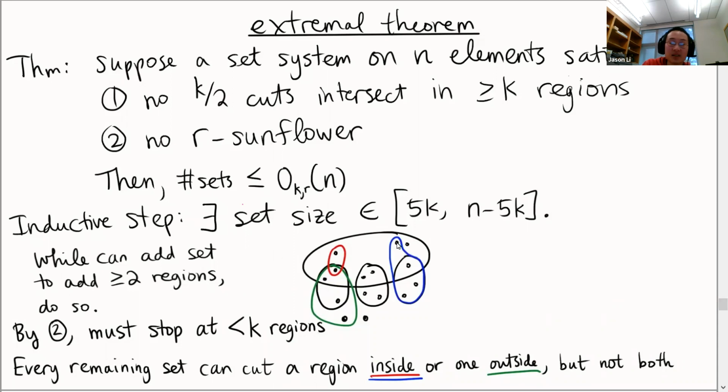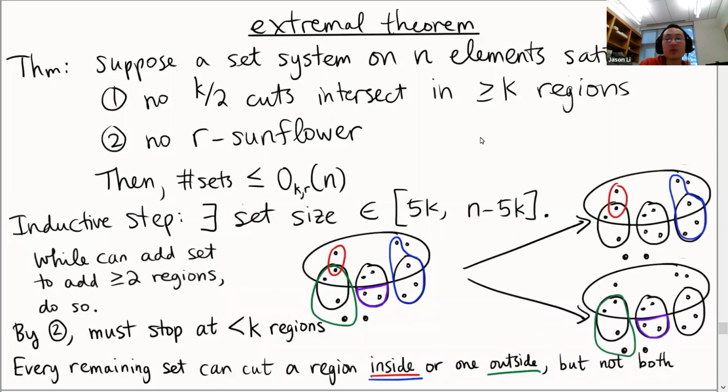So this one cuts, again, this thing. And this does not cut anything outside, because it agrees perfectly with this atom here on the outside. So this one only cuts inside. And finally, this one doesn't cut anything inside or outside, because it agrees with the atoms in both sides.